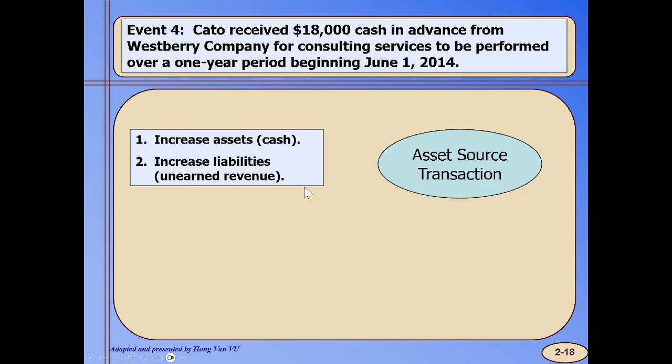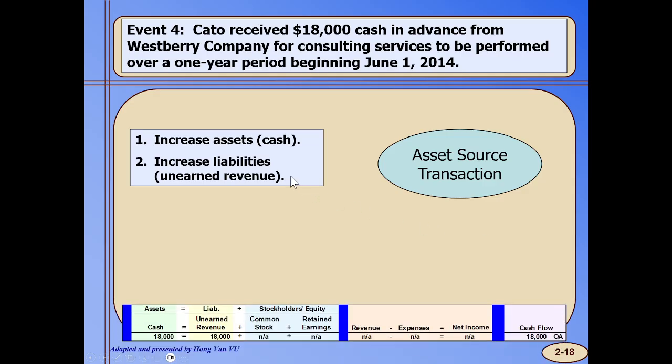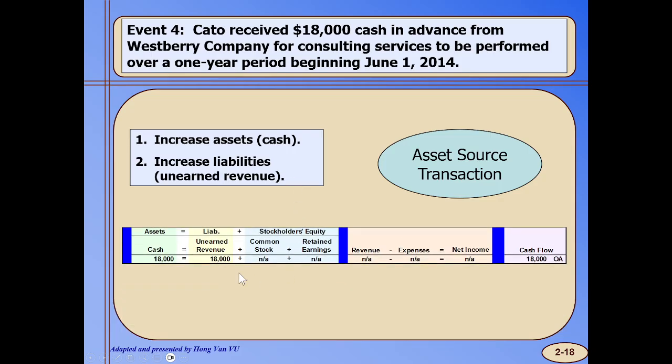This transaction increases the cash asset account and increases a liability account called unearned revenue.